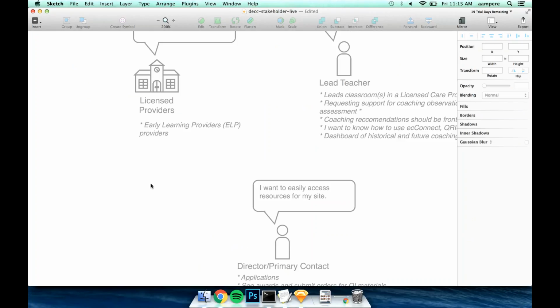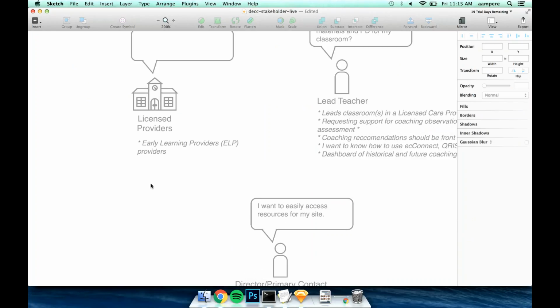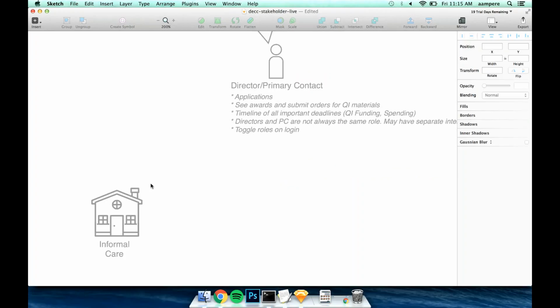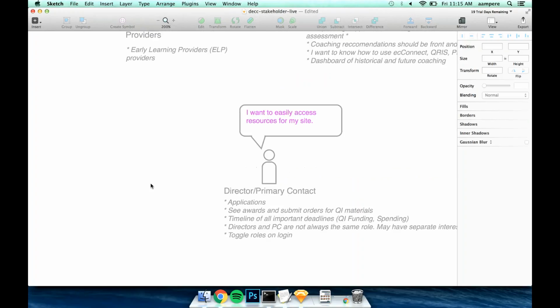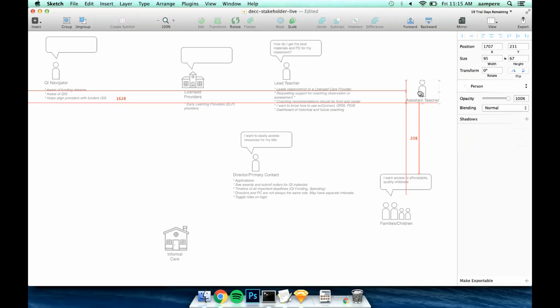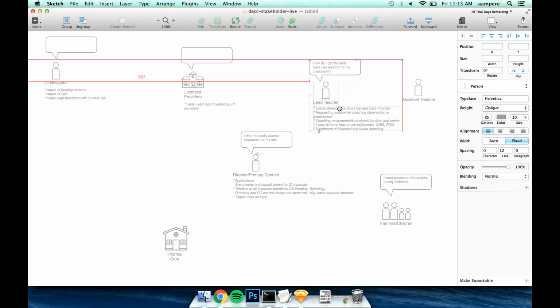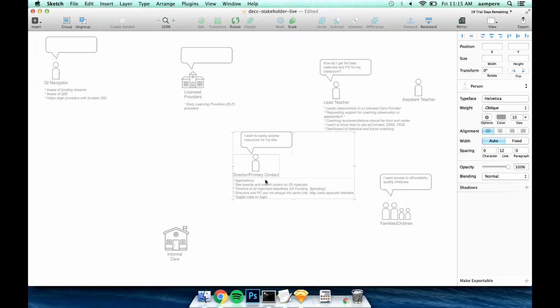All right. Let's move on to what's the next important role. I assume that the director or primary contact is going to be somewhere a little bit in between the teachers and the providers and the people receiving care.